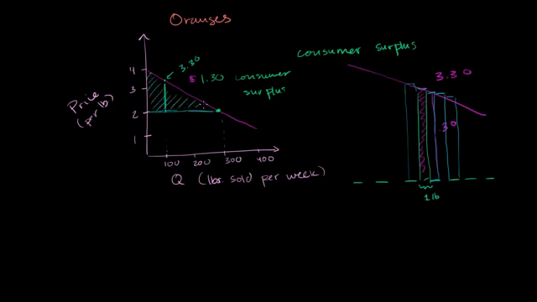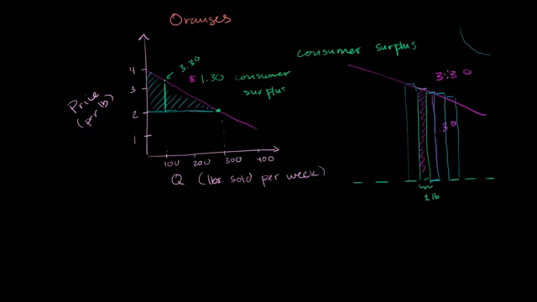And if you're familiar with calculus, you might know that you could actually make these things arbitrarily small. You don't have to take a 1 pound wide rectangle. You could take a half pound wide rectangle, or a quarter pound wide rectangle. Then you'll just have more rectangles. It doesn't matter so much if you have a linear demand curve, but if you had a nonlinear demand curve, then it would matter.